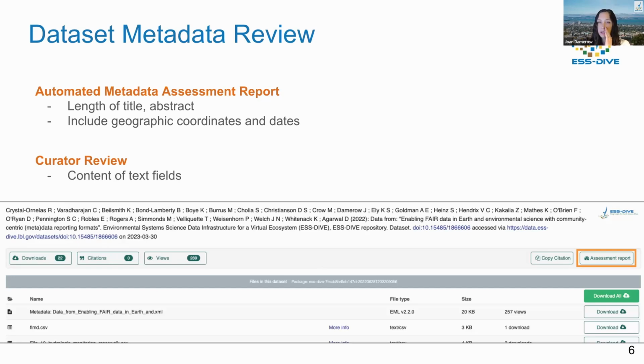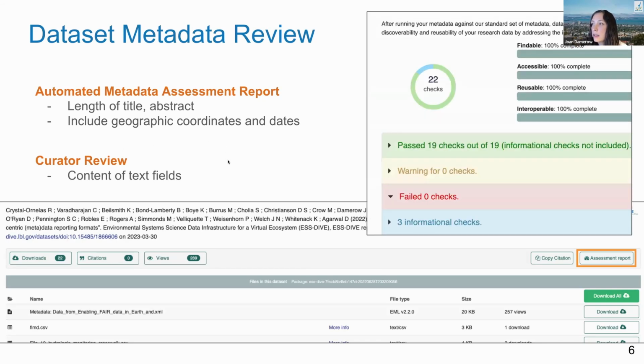We do want to look more into using large language models to help automate more of the content review, because a lot of that is still done manually, and to also include more specific suggestions in the automated review. So we are looking into that. The ESS Dive curator at this time then reviews all of the metadata content in more detail manually to ensure that it makes sense and it adequately describes the data set.